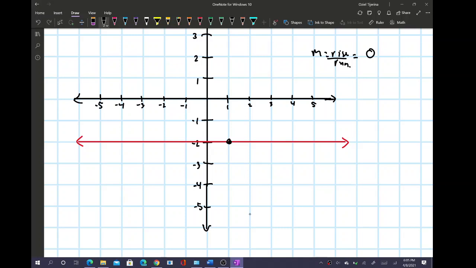So if I plot this point here, 1, -2, then I plot this one, 1, -3, I would say we're not really rising anywhere, but we're running 2 units. So then m is equal to 0. So the slope is 0 for this one, okay?